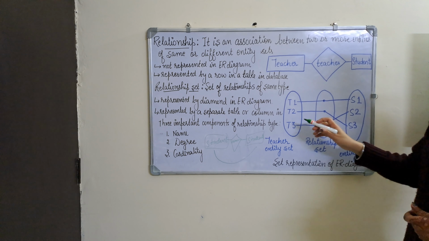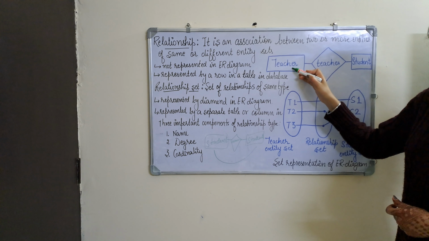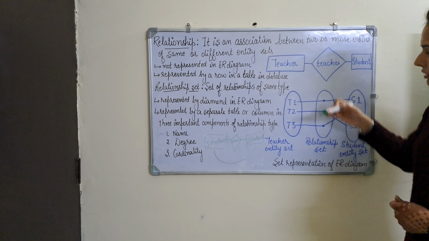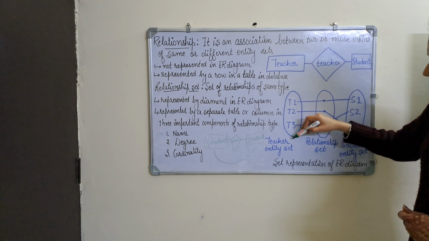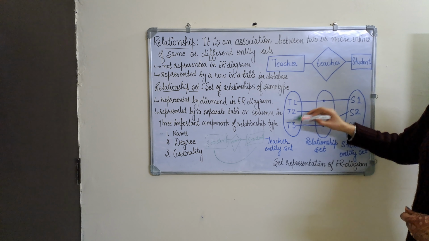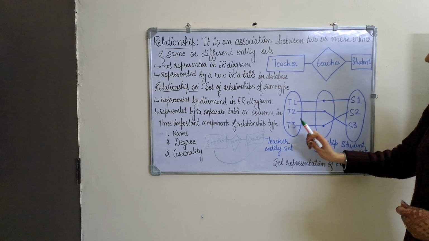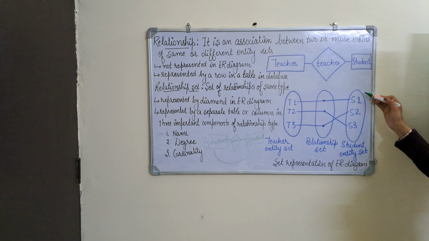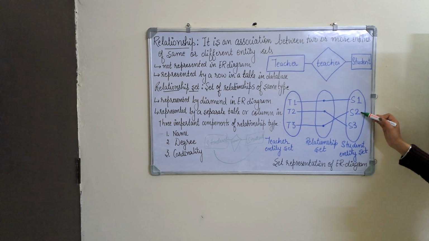So with that, this teacher entity set will have multiple entities that are the teachers. Within this entity set we have taken three entities, that is teacher 1, teacher 2 and teacher 3. Likewise, within this entity set we have three entities, that is student 1, student 2 and student 3.